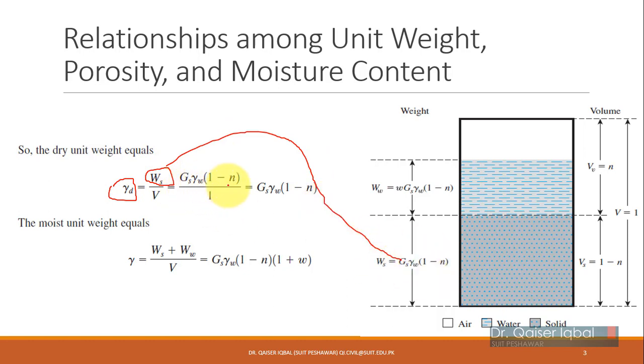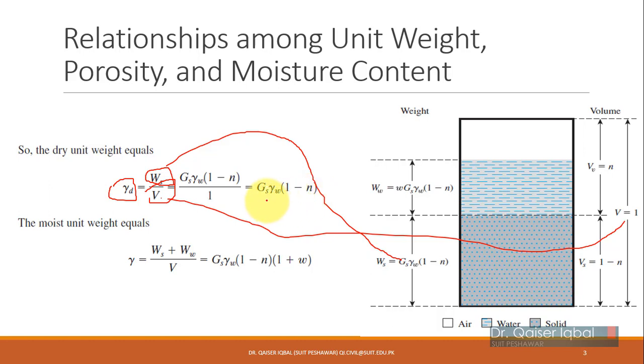And for the total volume over here, we assume this equal to 1. So gamma D is equal to Gs gamma W into 1 minus n. So dry unit weight is equal to specific gravity times unit weight of water into 1 minus the porosity.